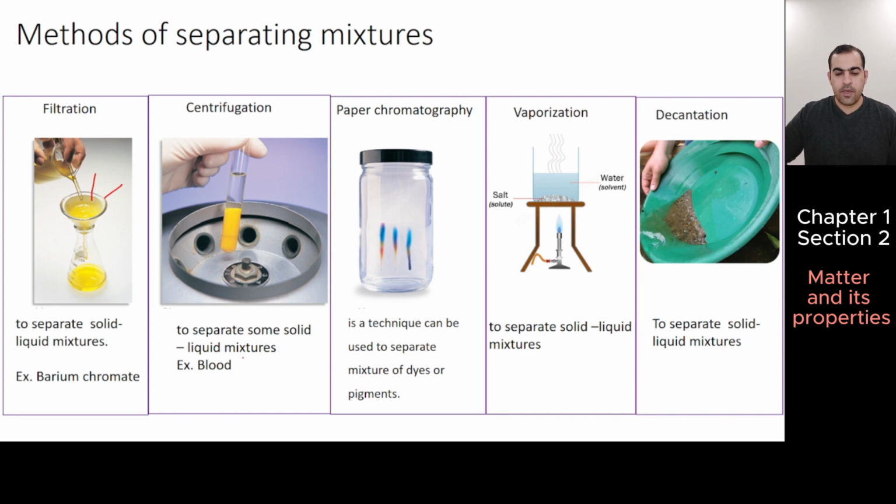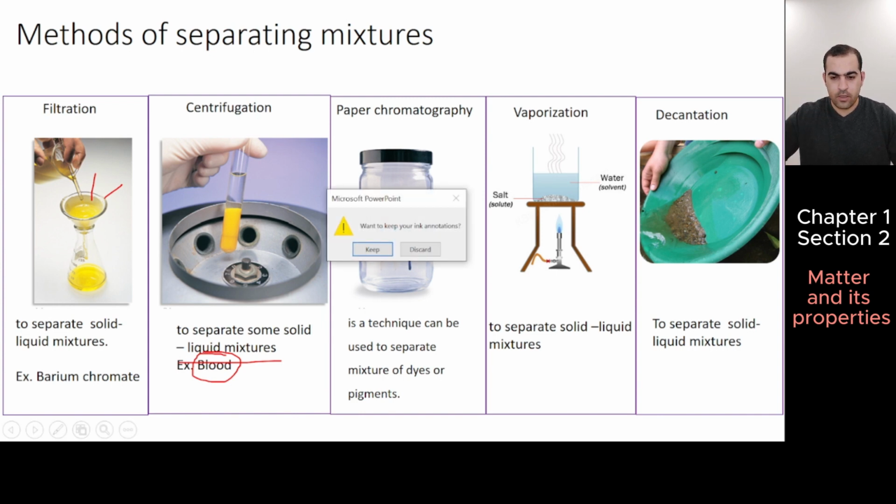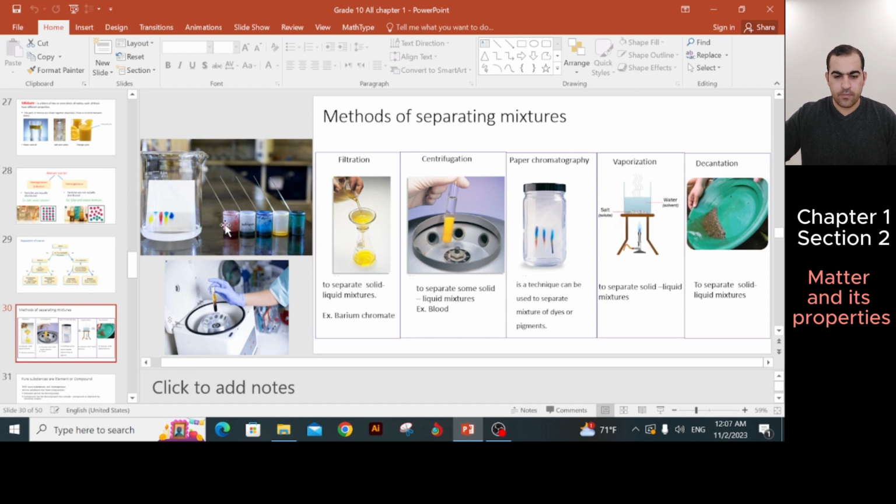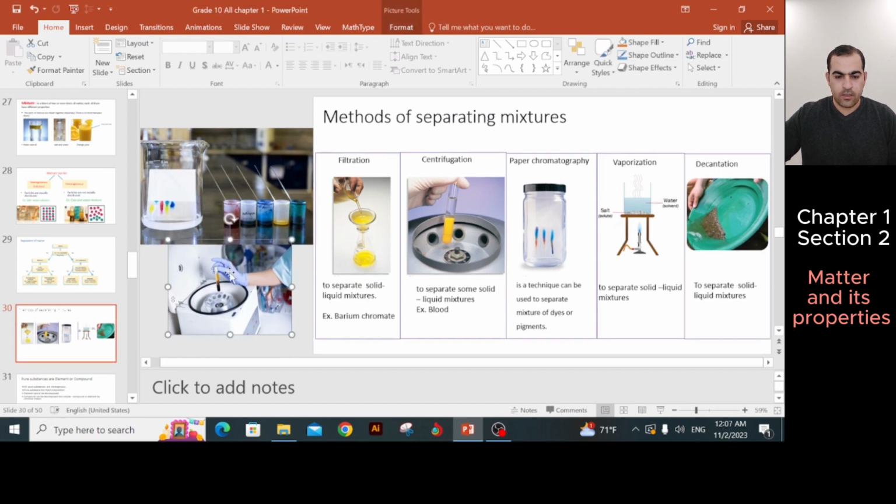Centrifugation is also a method to separate solid-liquid mixtures like blood. So you are going to use centrifugation. Let me show you. Do you see this? This is a centrifuge.